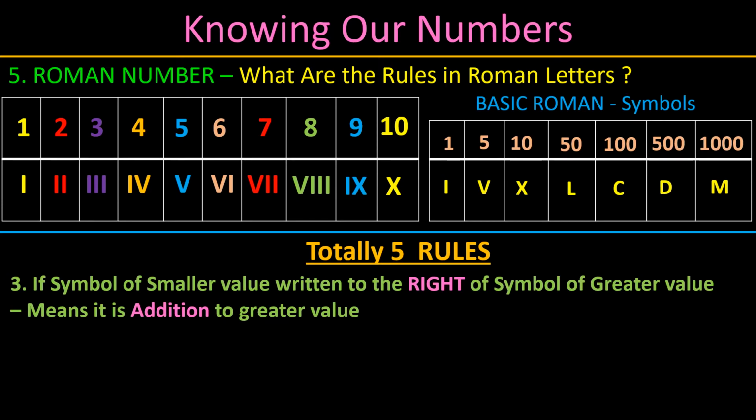Okay, let's go with the third rule. Let me read the complete sentence. If a symbol of smaller value is written to the right of a symbol of greater value, try to understand here.